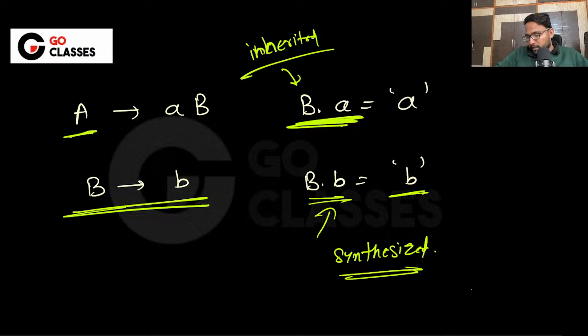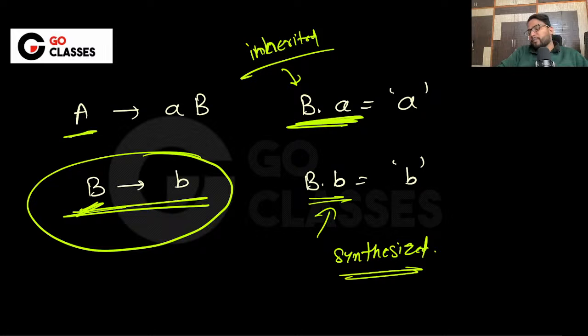So in this kind of production, you can only define the synthesized attribute of B. This B is a constant here, which is okay. That aligns with the definition, which is saying the function of this, that is fine, because it is a constant function.